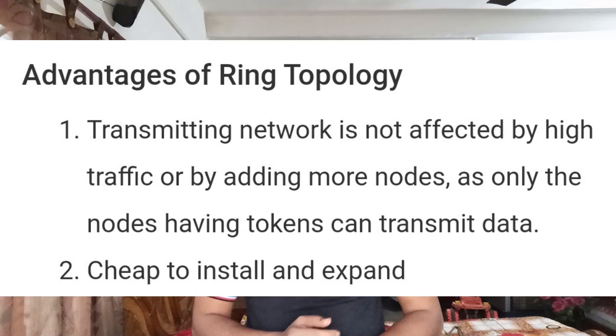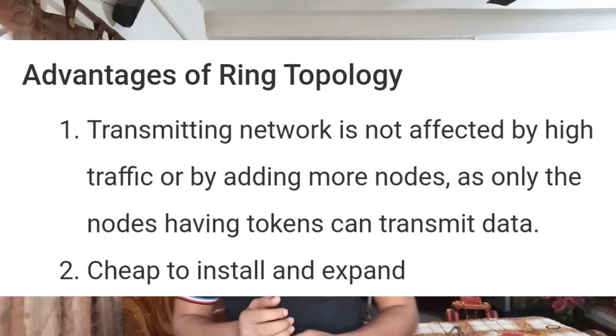As we see in the disadvantage of bus topology, if the network load is too high, then bus topology is unable to send or manage such heavy traffic, but it is very easy to manage such traffic in case of ring topology, because nodes having a token can transmit the data, and it is cheaper to install and expand.